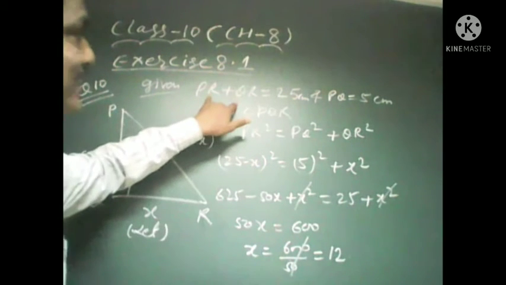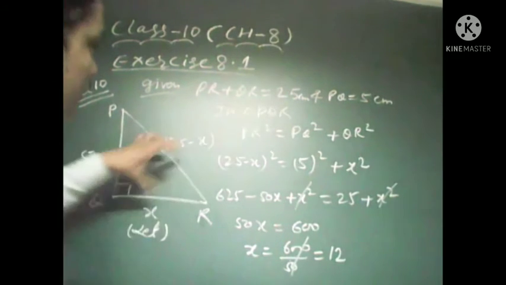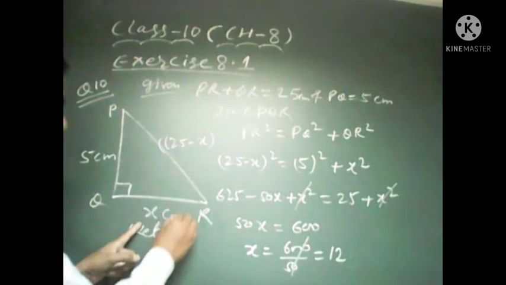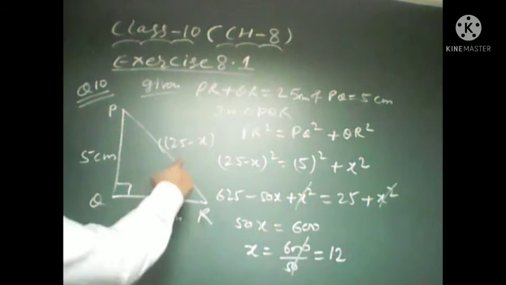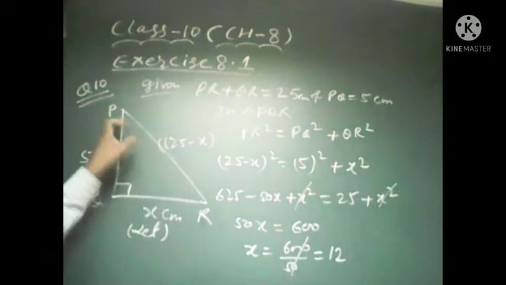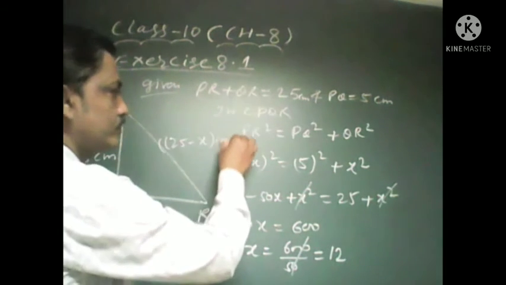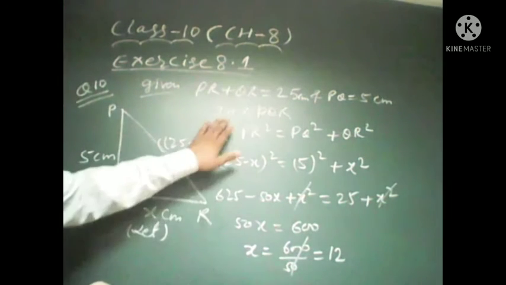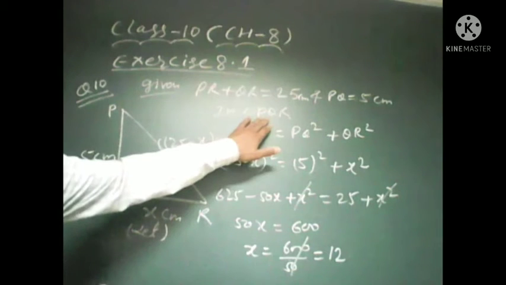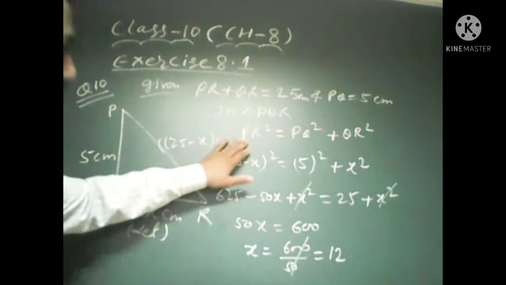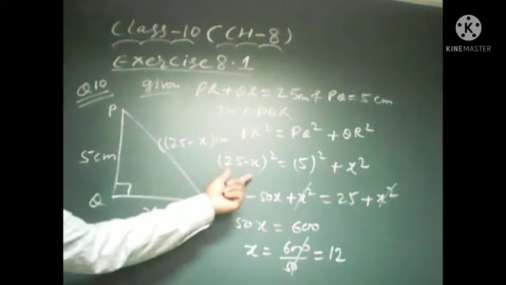That's why by using this relation, because the sum of two sides is given, we let the first side QR be x centimeter. Because the sum of these two is given, automatically PR will be 25 minus x centimeter. Yes or no? Now, using Pythagoras theorem in triangle PQR, we easily calculate the value of x.